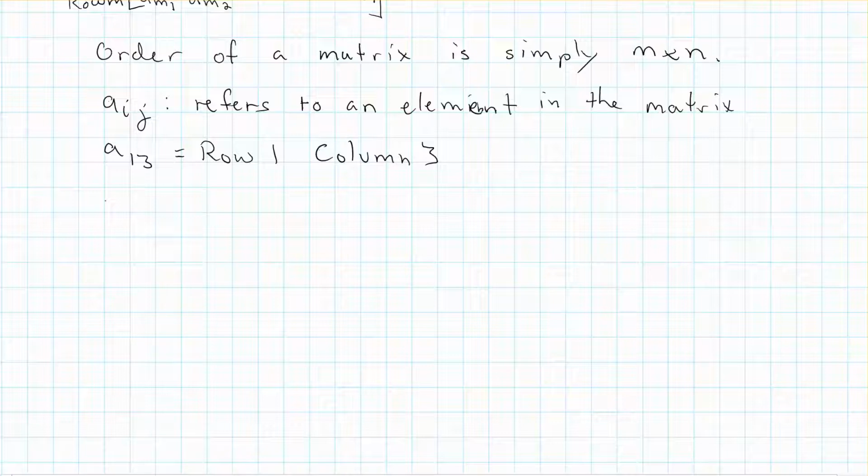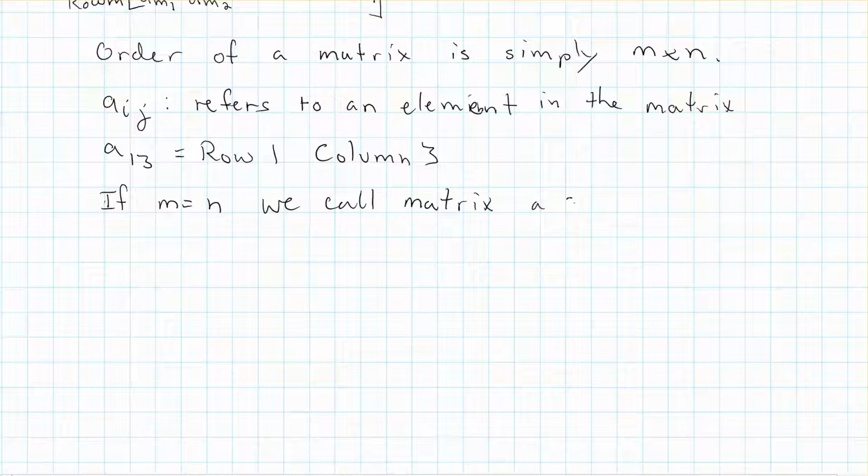If m is equal to n, we call the matrix a square matrix, because we have the same number of rows and columns.